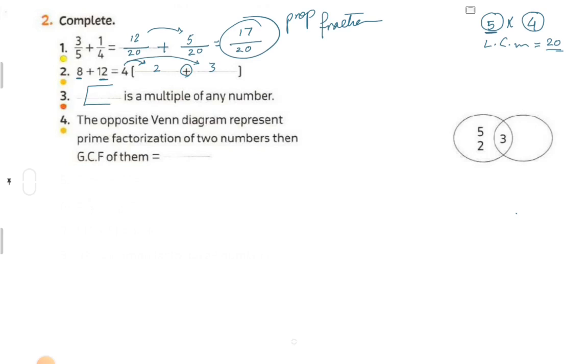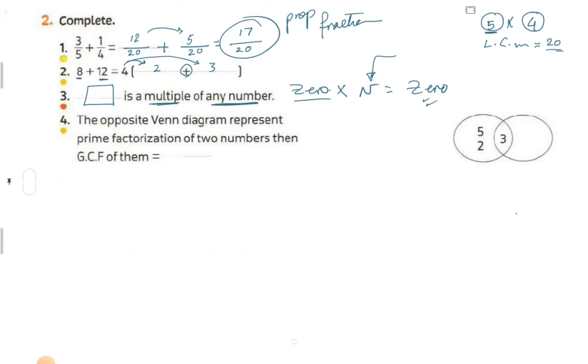Next is a multiple of any number. What number is a multiple of any number? Of course we know it's 0. Why? Because 0 times any number n equals 0. Whatever the number is, 1, 2, 3, 4, the result will be the same, 0.